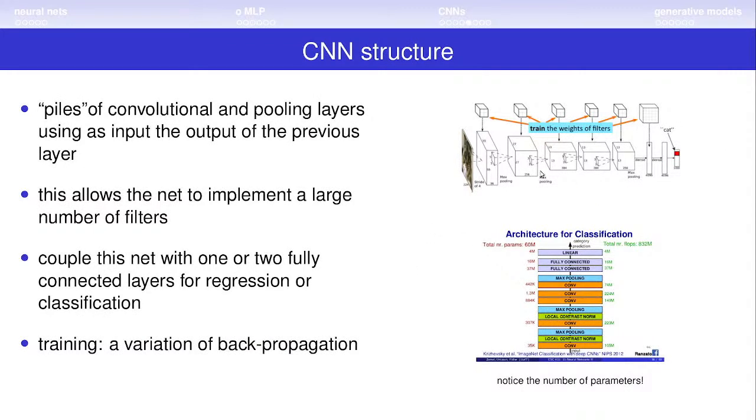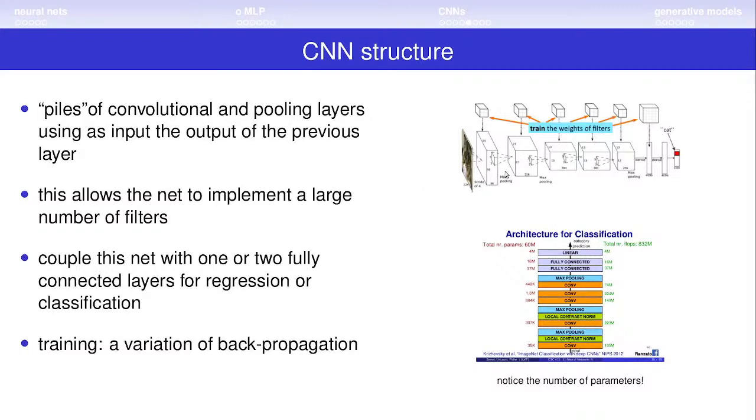Here is an example of an architecture where we have 60 million parameters. It is not unusual that a CNN has thousands or even millions of parameters. This is very common. And this procedure of using convolutional and pooling layers allows the network to learn.